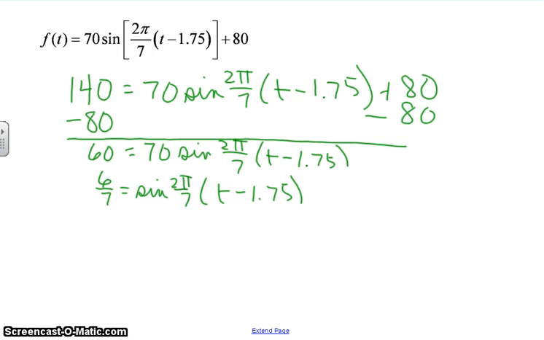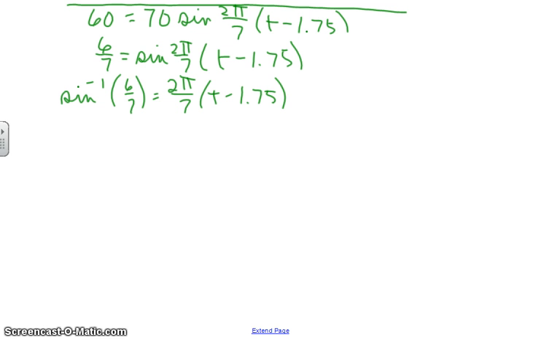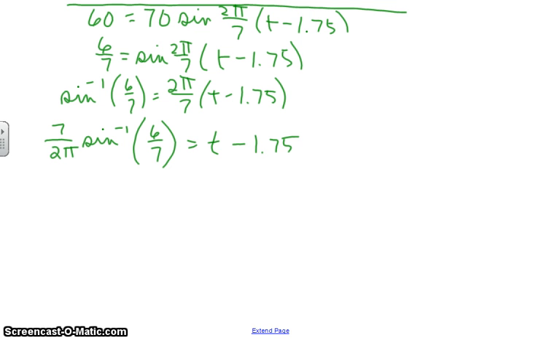Now, I need to solve for t, so I'm going to take the inverse sine of both sides. And now I'm going to multiply both sides by 7 over 2 pi. And now I will add 1.75 to both sides of my equation, and I have solved for t.